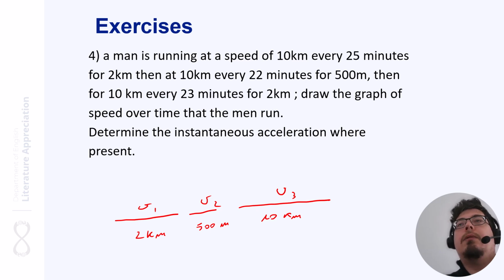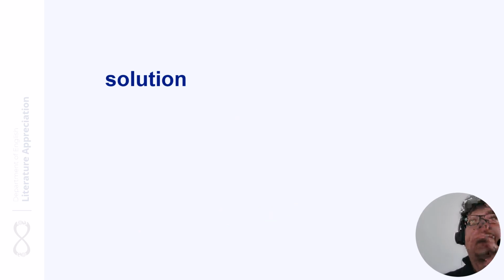We need to draw the graph of the speed and determine the instantaneous acceleration, supposing that each change in velocity happens in an instant of time. Okay, so we have the solution.